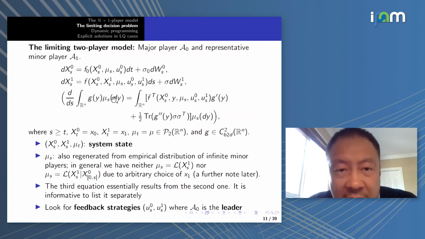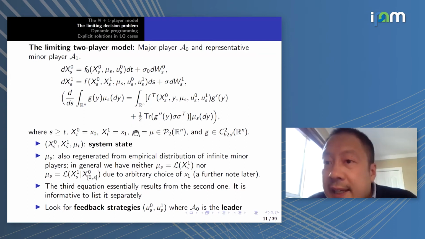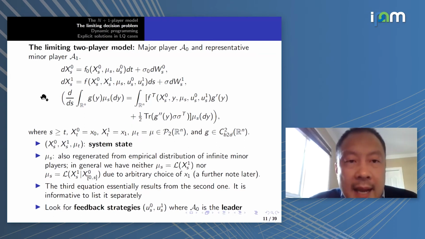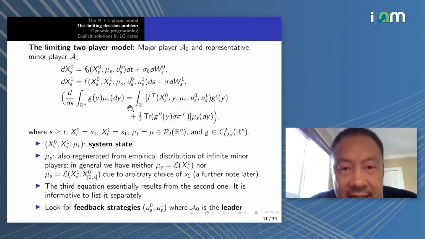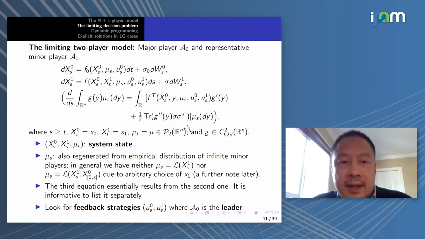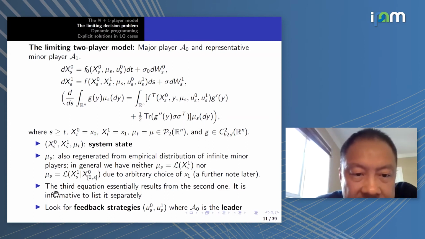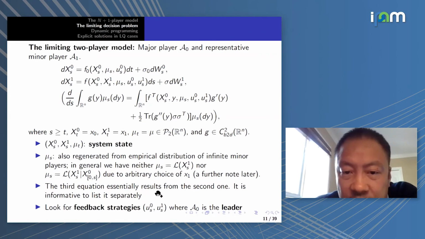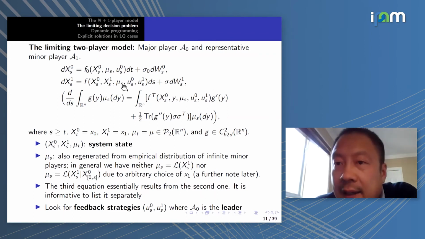In the end, you check the empirical distribution, and then let the number of particles go to infinity. By this procedure, you will really get an ODE as given by the third equation. That's why we can say the third equation essentially results from the second one, as long as we impose some special requirement on this measure flow for the mean field.